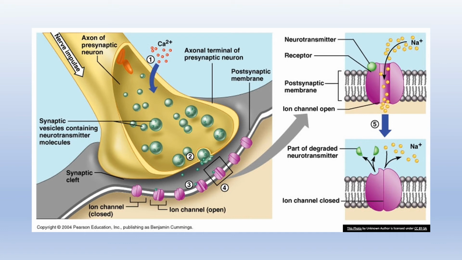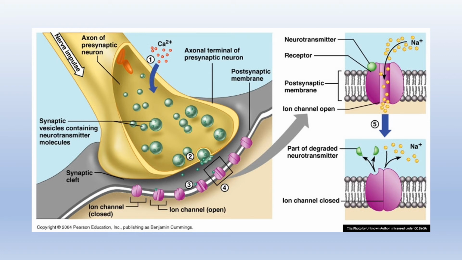What are the events happening at the neuromuscular junction? First, a motor neuron creates an action potential. The action potential propagates to the end of the axon and changes the electrical charge to positive compared to the outside.